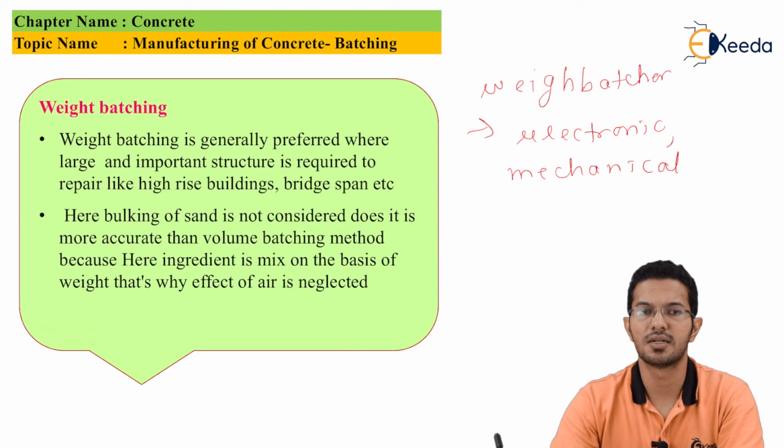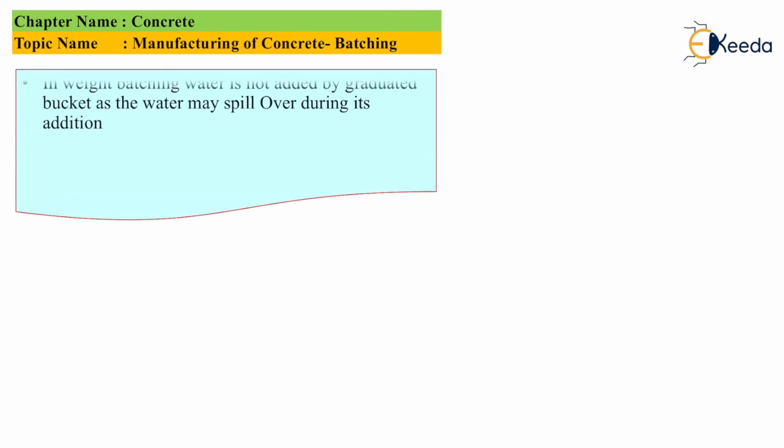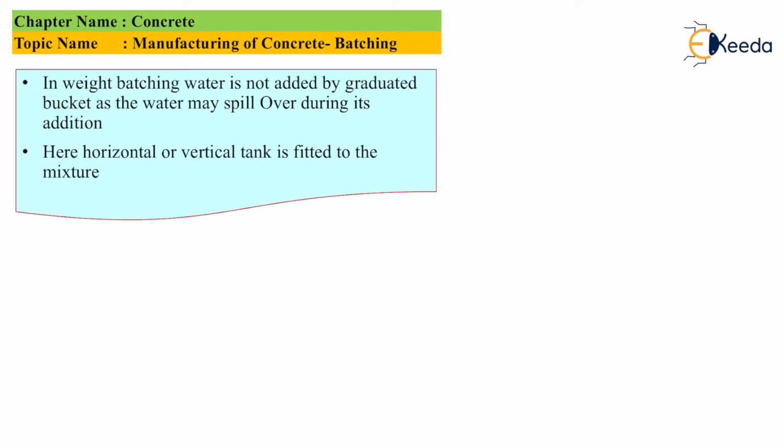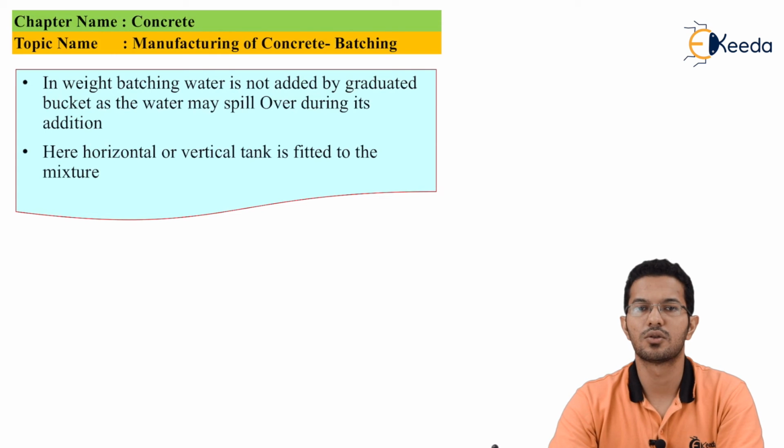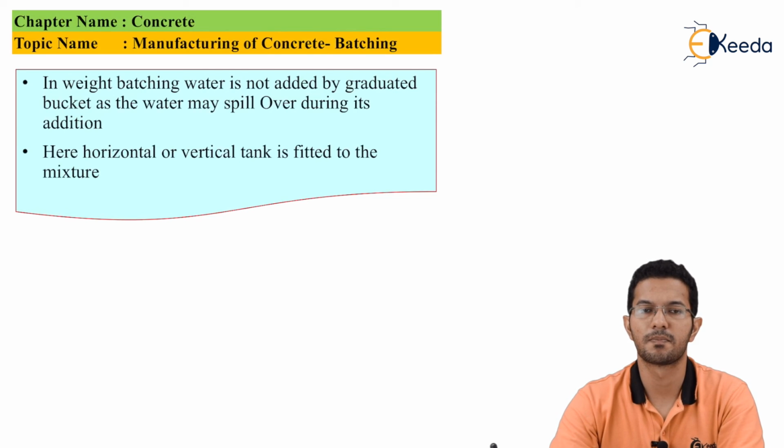Moisture content present in the aggregate should be considered while batching. In the case of fully automatic weigh batching, it can be considered, but volume batching is not suitable in such cases. The compressive strength of the same concrete mix at 7 days and 28 days is higher for weigh batching concrete than volume batching.